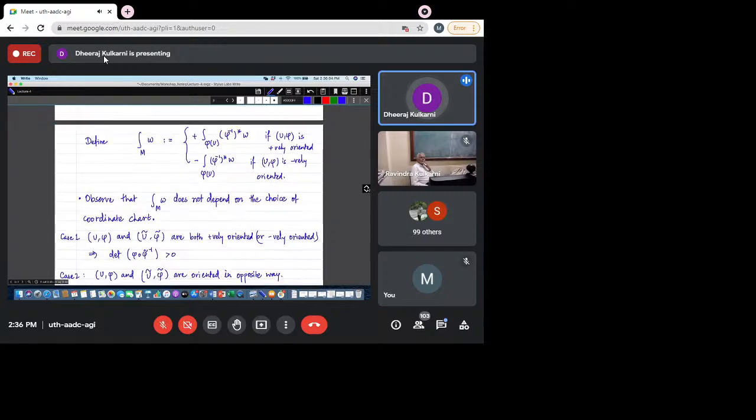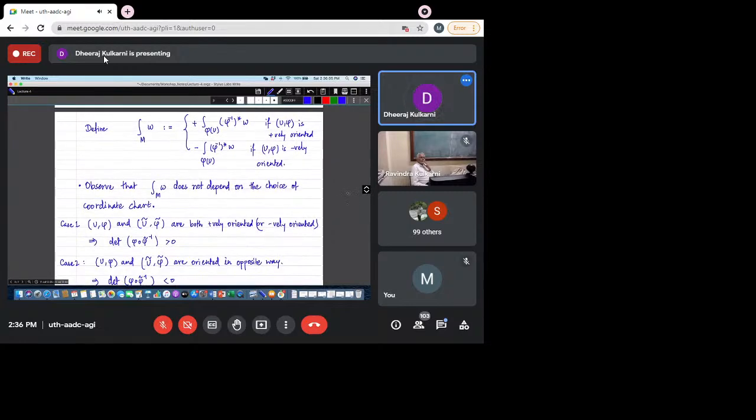Okay, so let us quickly see why this integral does not depend on the choice of coordinate chart. So case one is that you have these two charts, both of them containing support of omega.